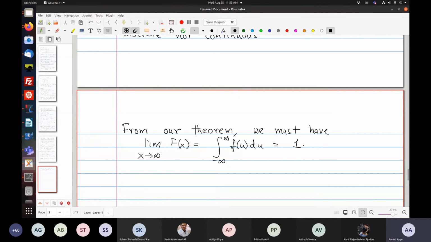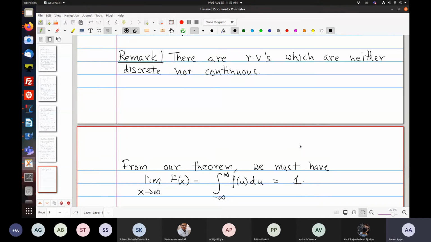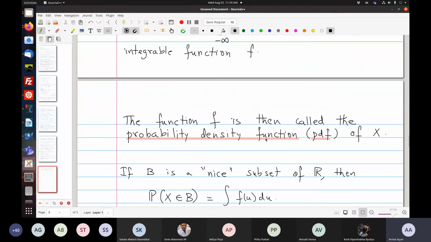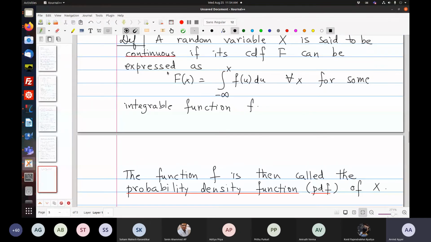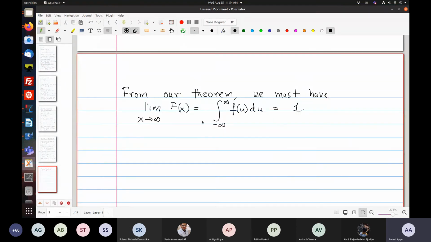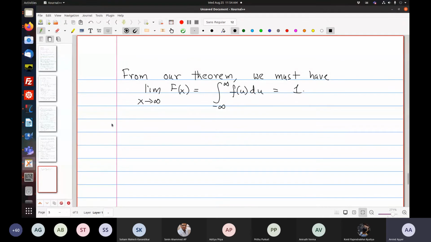If it doesn't, then this definition doesn't make sense, because remember, this capital F should be this integral of small f for all x. And by a theorem about the properties of capital F, this property has to be true.